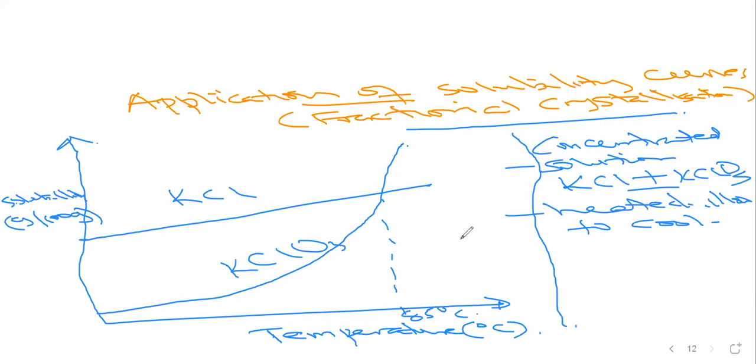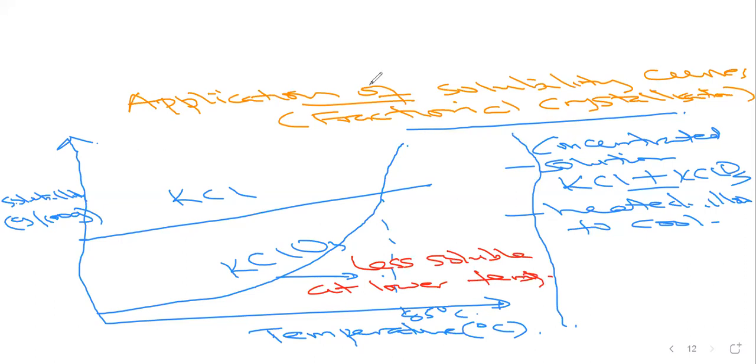Now, potassium chlorate being less soluble at lower temperatures, this is the principle now coming into play. This one is less soluble at lower temperatures. So since potassium chlorate is less soluble at lower temperatures, what happens is that as the solution cools, it is the potassium chlorate that will crystallize first.